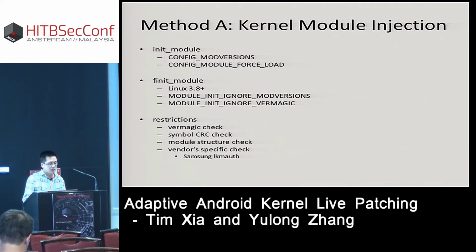Some vendors have their own restrictions, like Samsung. They have their own kernel module authentication mechanism, which checks the hash value of the kernel module being loaded, to see if it matches the hash value inside the kernel itself. If not, the loading process is not allowed.